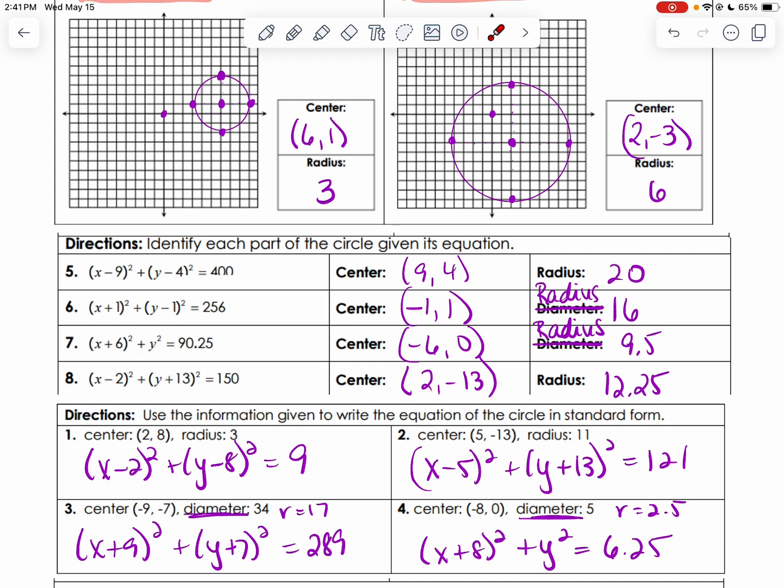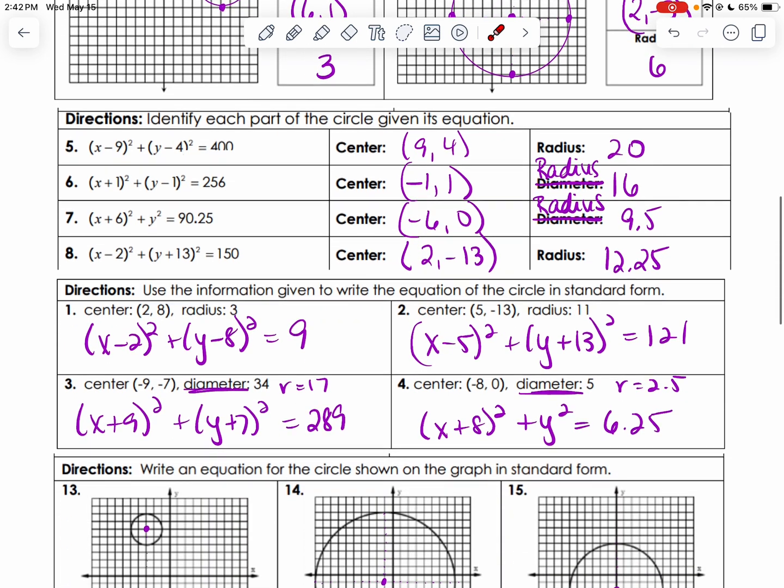So my center is at 2, y minus k, negative 13. For this one, 150 isn't a perfect square, so when I take the square root of it, I'm just going to get a decimal. I rounded it to the nearest hundredth, so 2 decimal places. You might have 12.3, you might have something different, but as long as you're close to 12.25, you're fine.